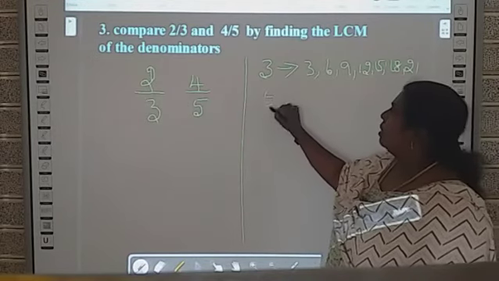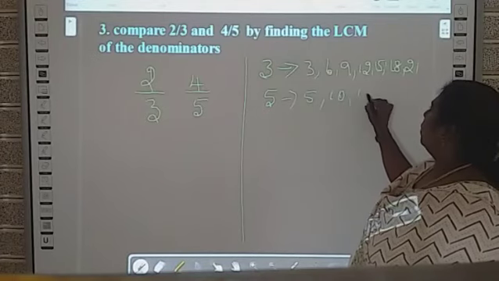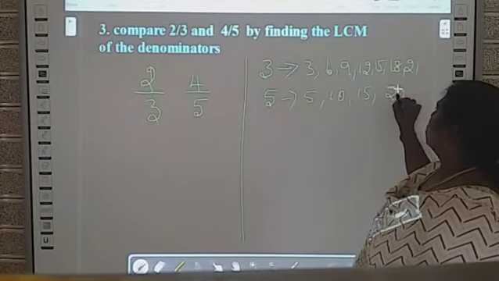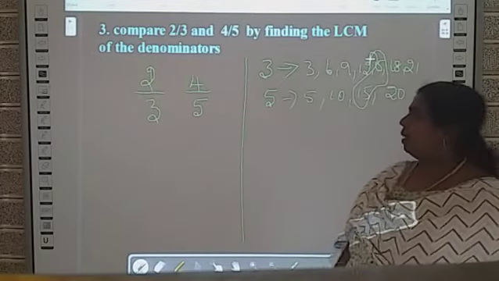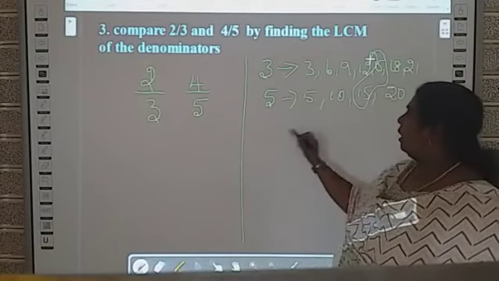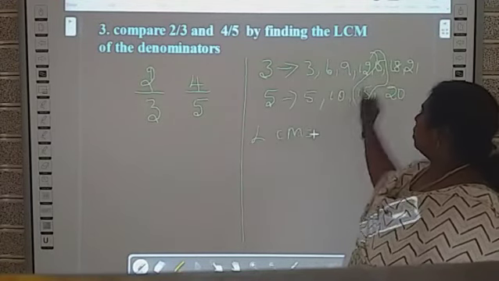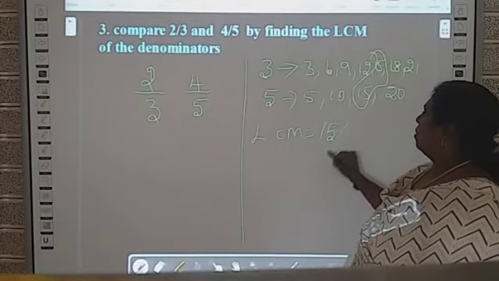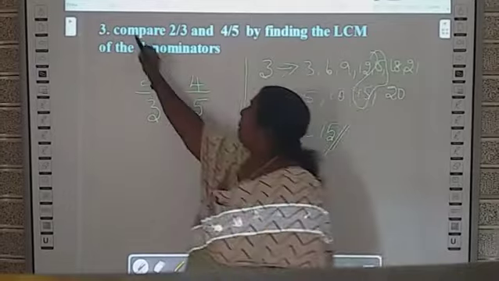Then multiples of 5: 5, 10, 15, then 20. So 15 is the common multiple, right? So we have to make the denominator 15. So the LCM, the lowest common multiple, is 15.